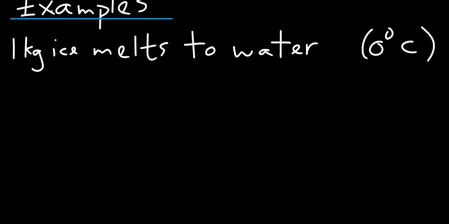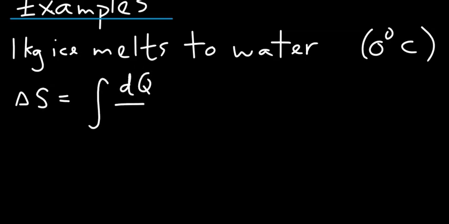Let's say you want to calculate the change in entropy when 1 kg of ice melts to water at 0 degrees Celsius. As we have seen before, the change in entropy is given by that equation, the integral of dQ over T. Now this process is happening at a constant temperature of 0 degrees Celsius, so you can take that temperature out. Now remember, T must be in units of Kelvin, and integrate dQ.